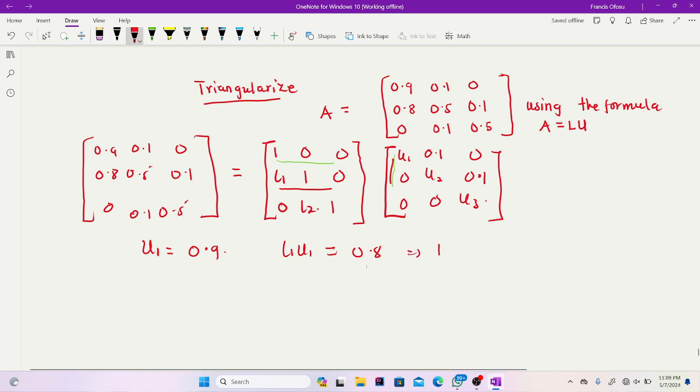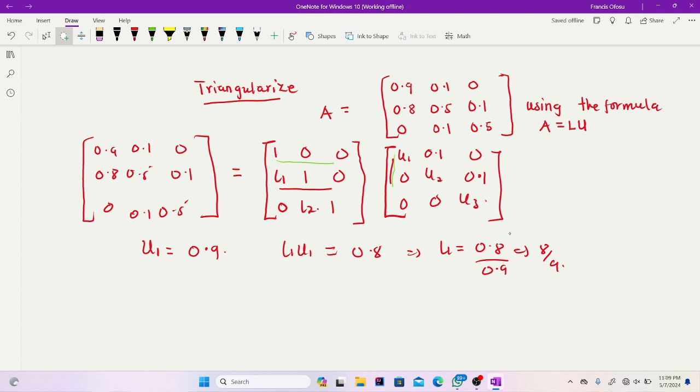Therefore, my L1 is equal to 0.8 divided by 0.9, which is the same as 8 over 9, right? So once I have this, I have U1 and L1, right? So I'm looking for L2, U2, and U3. Okay. So to find L2, I have to multiply what?